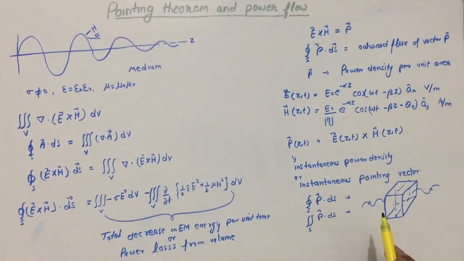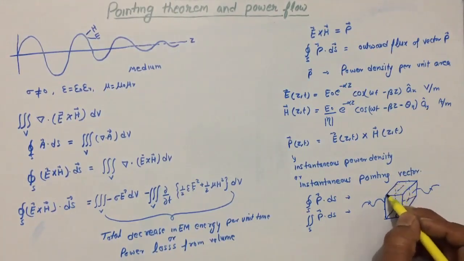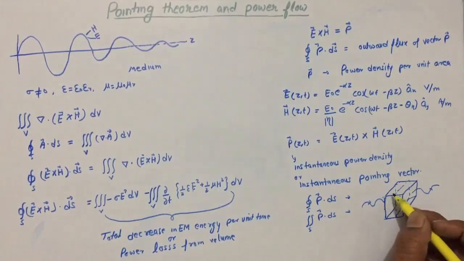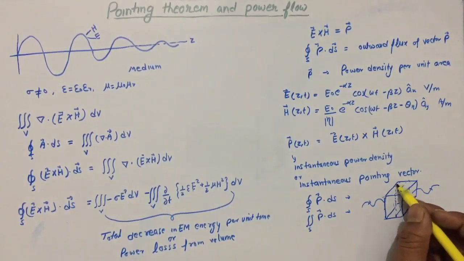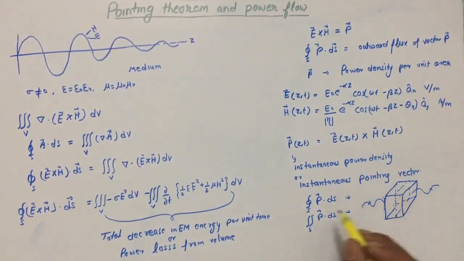And if we wish to find the instantaneous power for a closed surface, then we will find the power at this surface, next surface, next surface, and so on, adding them up. So that will be the closed surface power.